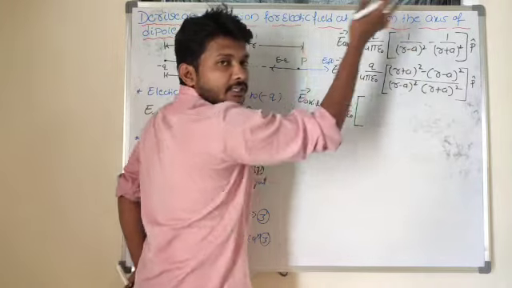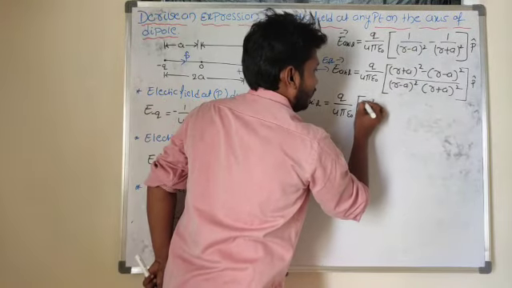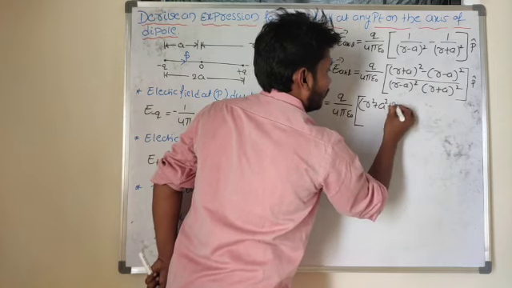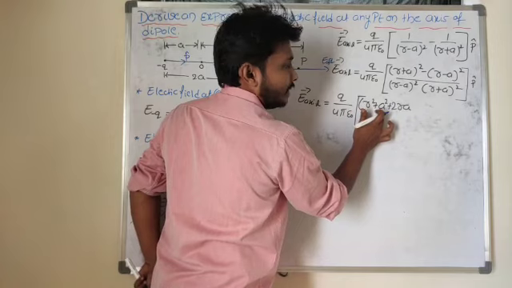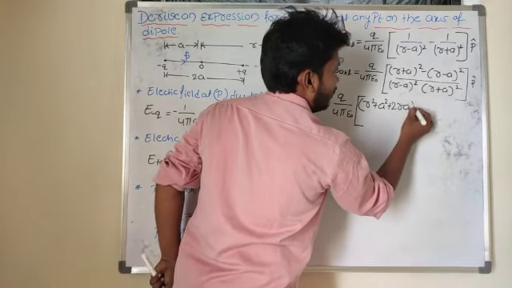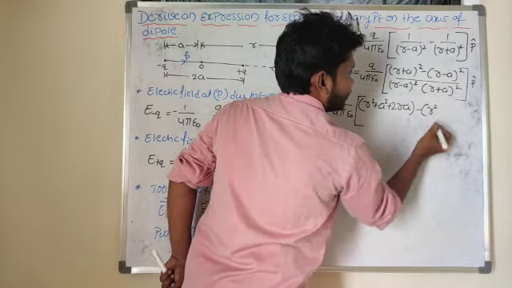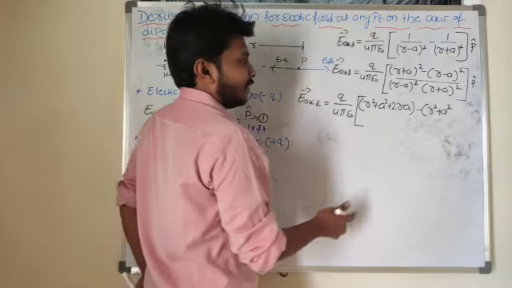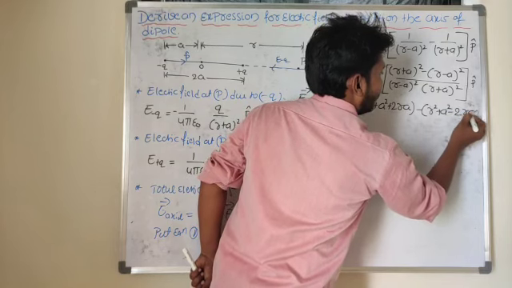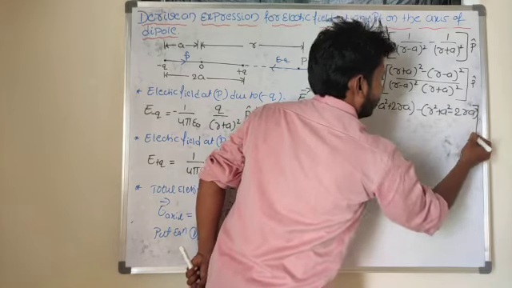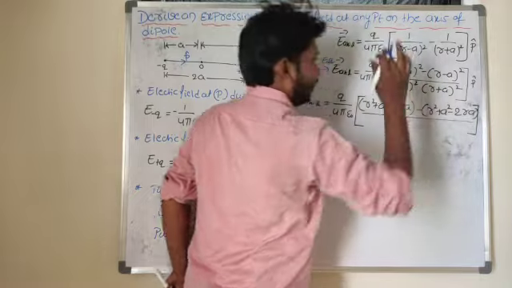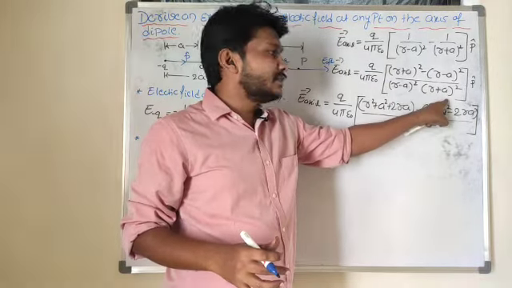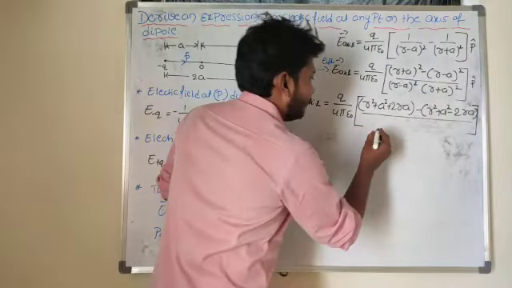This is a plus b whole square form, a square plus b square plus 2ab: r square plus a square plus 2r into a, minus, r square plus a square minus 2 times r into a, sorry. And this is a minus b into a plus b. So shall I write this as a square minus b square here?